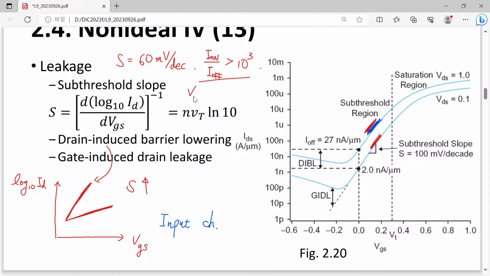It means that at least VDD should be larger than 180 millivolt.